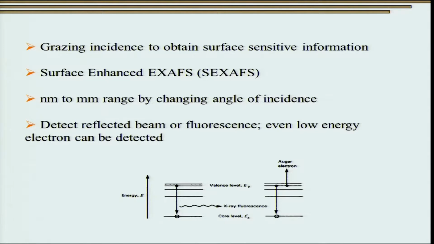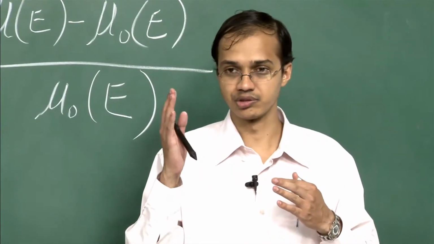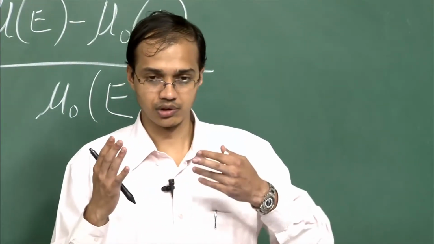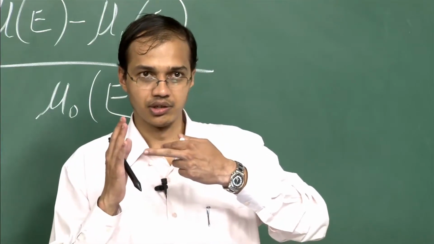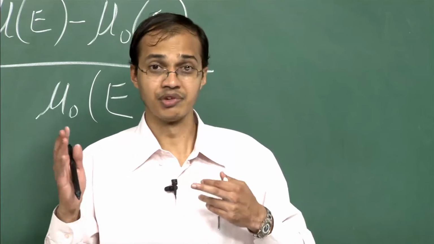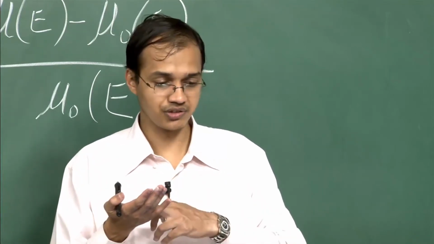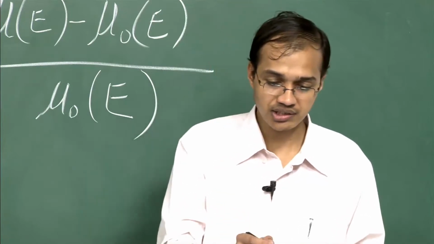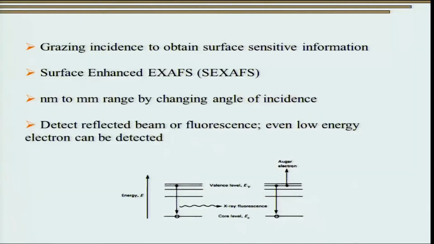Having said that, what we have talked about up till now is the basic physics for doing extended X-ray absorption fine structures. And I hope you appreciate that we are talking about very thin samples. Mostly I mentioned that we have a sample thin enough so that the X-rays are able to pass through it. However, there are instances when we are looking at surface phenomena, and that is where grazing incidence is very important. If we carry out the same X-ray absorption fine structure in grazing incidence mode, it is known as surface enhanced XAFS or SEXAFS.